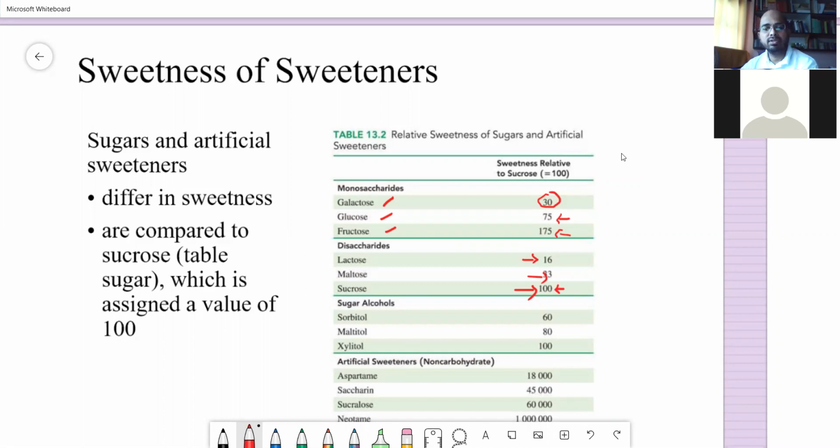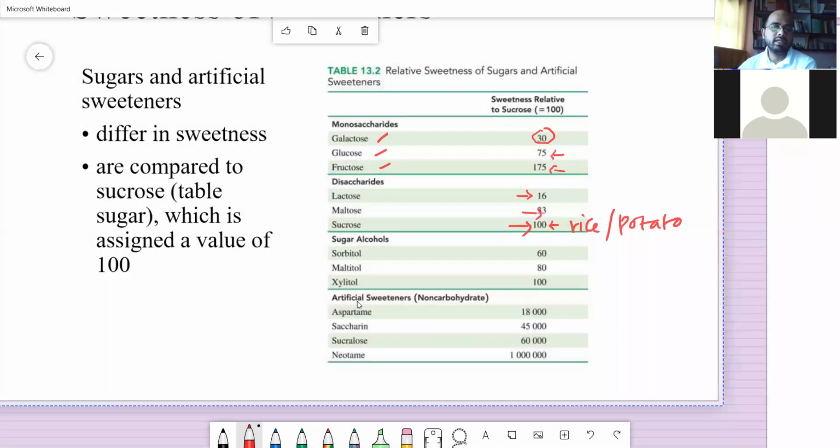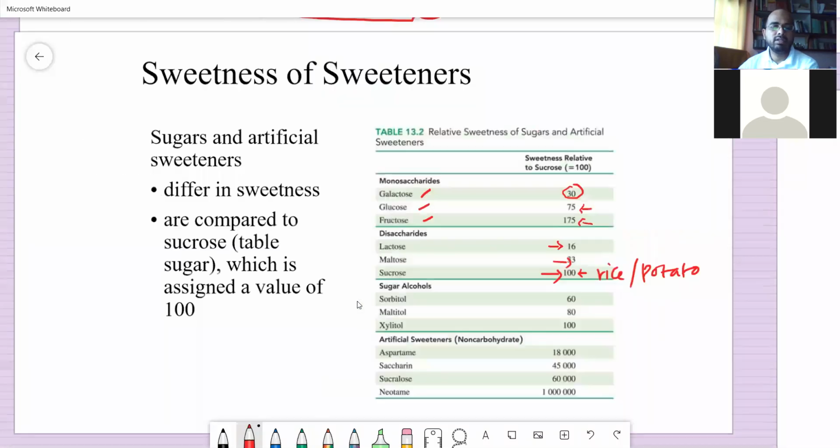Okay. So sucrose is found in rice and potato. Even though we may not find them sweet, they will have that much calorific value. Now the alcohols mentioned here, sorbitol, maltitol, and xylitol, these three are usually used in tonics and syrups.